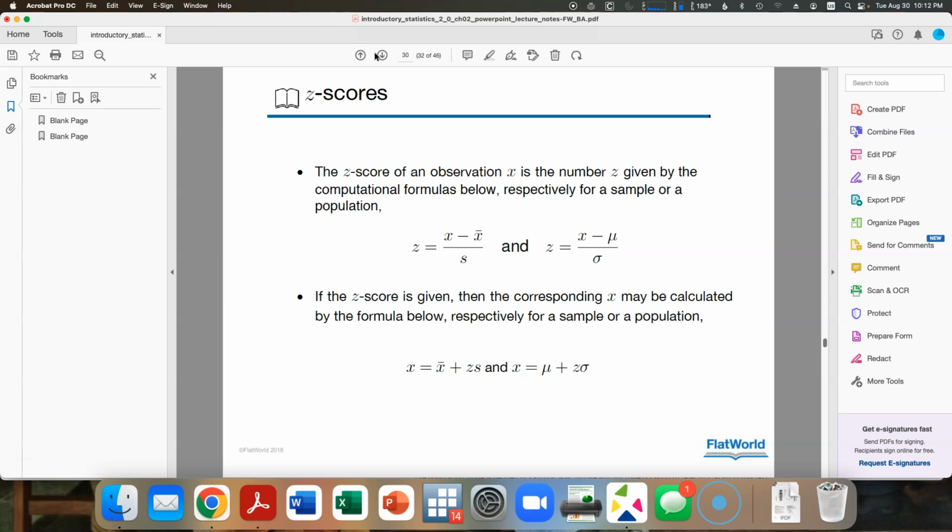So essentially what we're doing here is taking the observation x, and then we are subtracting the mean score, and then we are dividing it by the sample size. If it's not a sample size and it's the population, then this would essentially be our formula here.